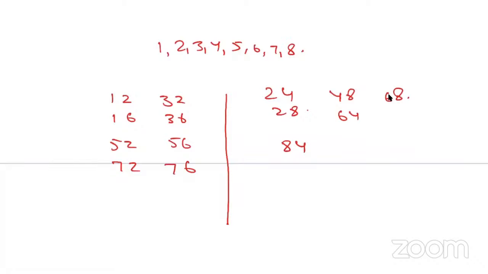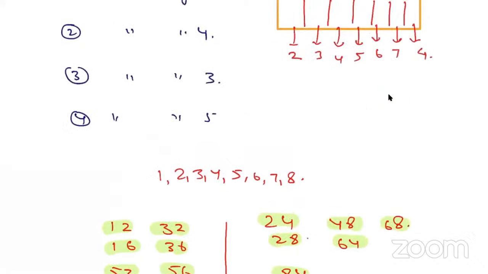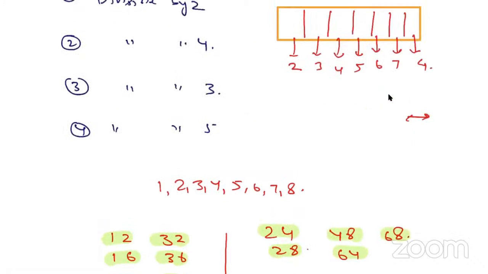So these numbers are possible, right? So how many of these are there? 1, 2, 3, 4, 5, 6, 7, 8, 9, 10, 11, 12, 13, 14. 14 different numbers are possible for the last 2 digits, right?